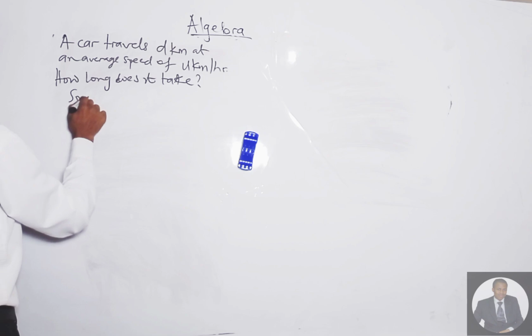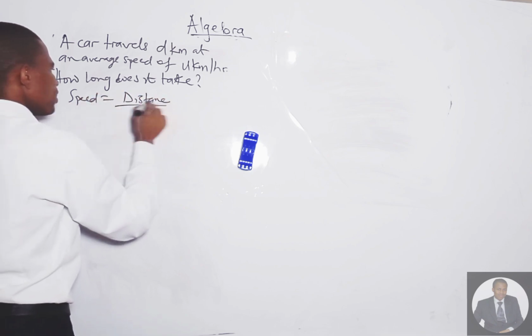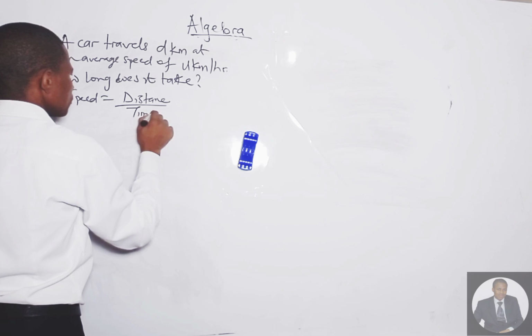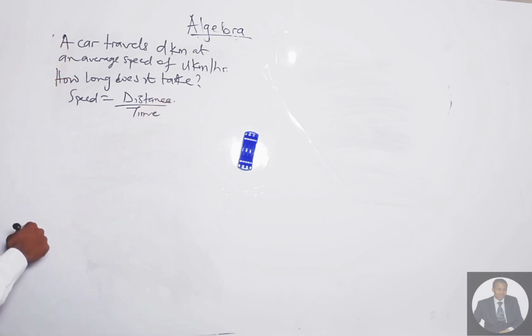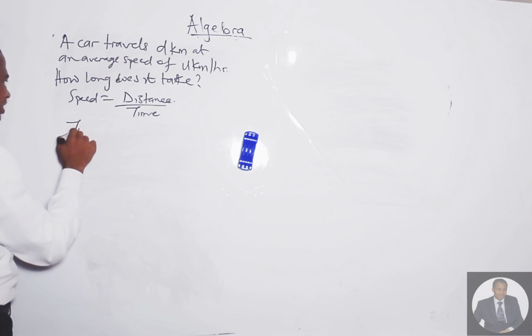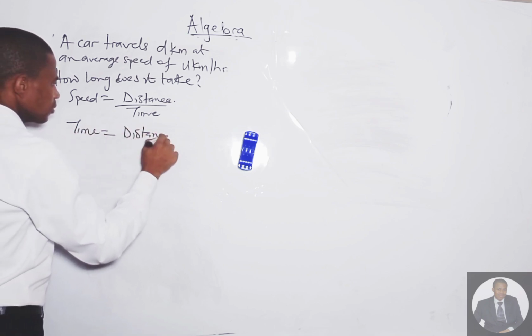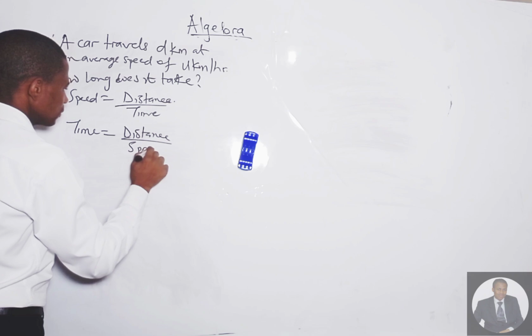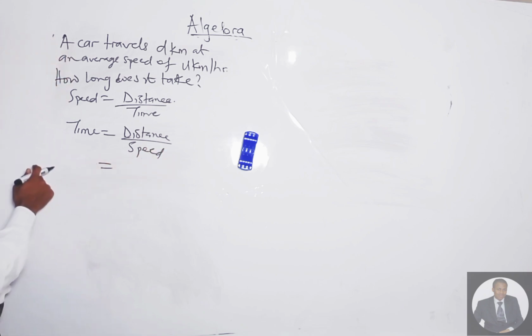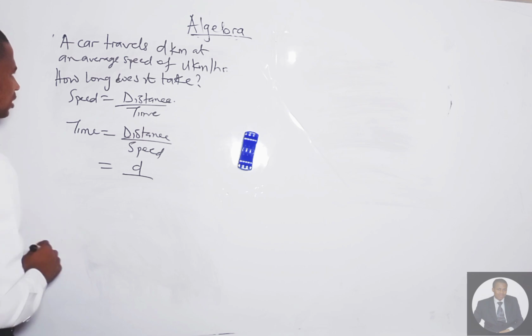Speed equals distance over time. How long relates to time? So our time will be distance over speed. What's the distance we are given? Travels d kilometers. So d becomes our distance.